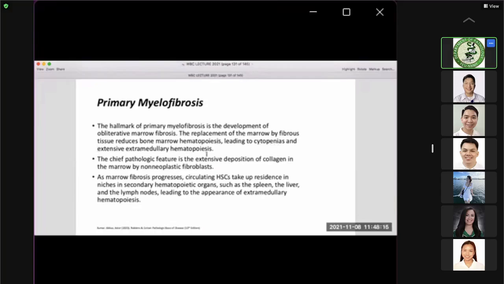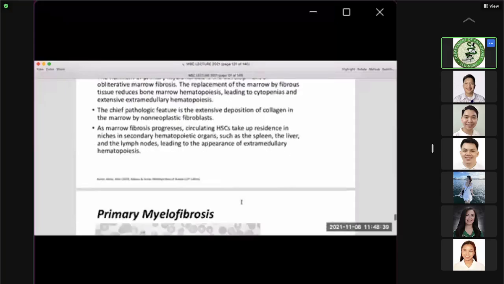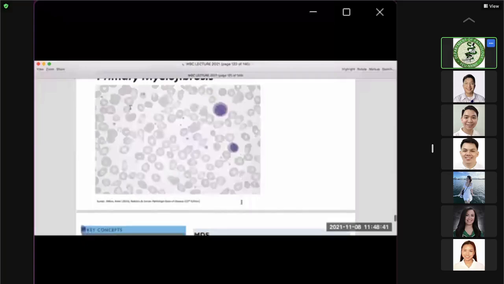Extensive extramedullary hematopoiesis can occur because the marrow is not functioning well. There is extensive deposition of collagen in the marrow by non-neoplastic fibroblasts. So the circulating HSCs take residence in niches in hematopoietic organs such as the thyroid. So that is the cause of extramedullary hematopoiesis.